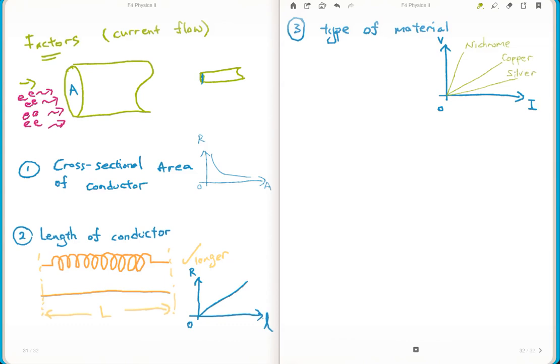Silver is less, because of the gradient. One way to interpret this graph is to look at the gradient. The gradient is definitely less than copper, and this one has a very steep gradient. So for types of material, on the V-I curve, by looking at the gradient, you tell its resistance.